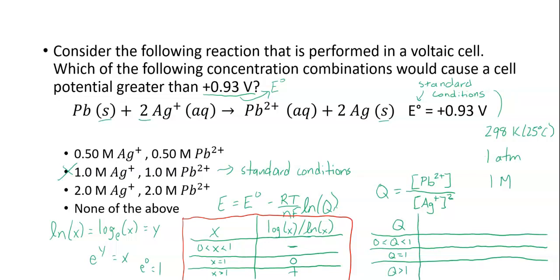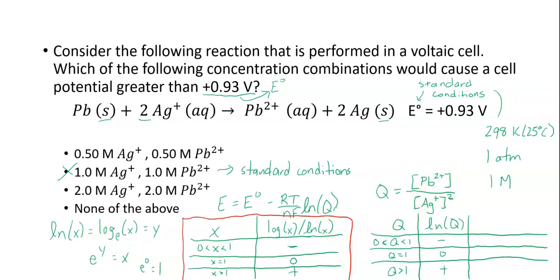Well, based on the chart we just did, I want to make a second column that says ln of Q. Well, this is pretty easy because we know when our input is less than 1, then the ln of that is negative. When our input is 1, the ln of that is 0. And when our input is greater than 1, the ln of that is positive.